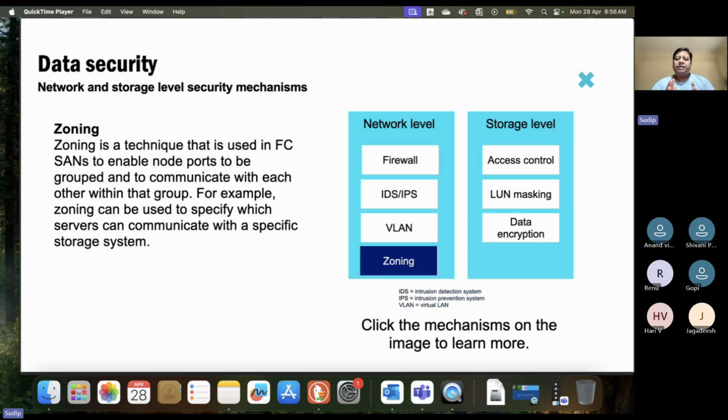But zoning is very, very specific to fiber channel protocol. It is not applied on TCP/IP protocol. It is applied only on fiber channel protocol, and that is called zoning. And it helps in logical segmentation of a storage area network, SAN network, inside a data center.